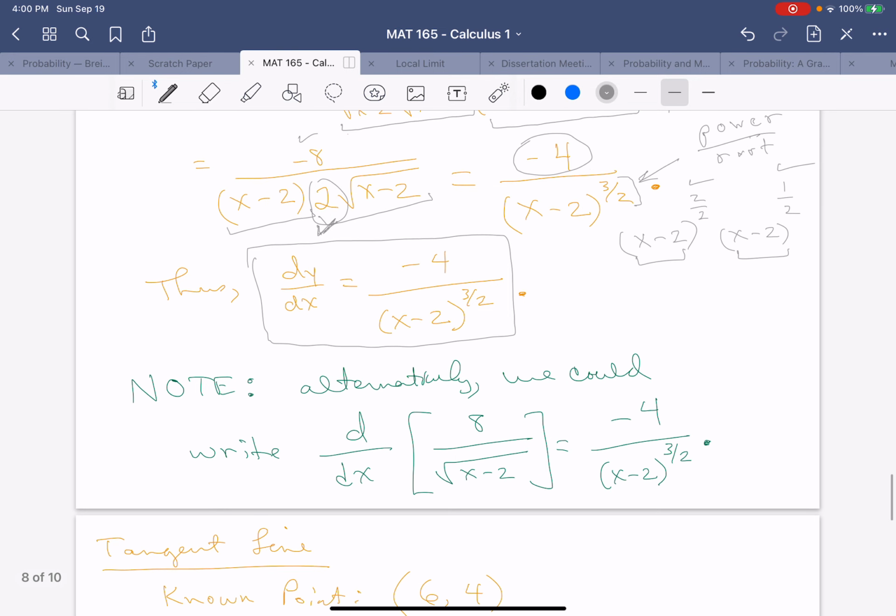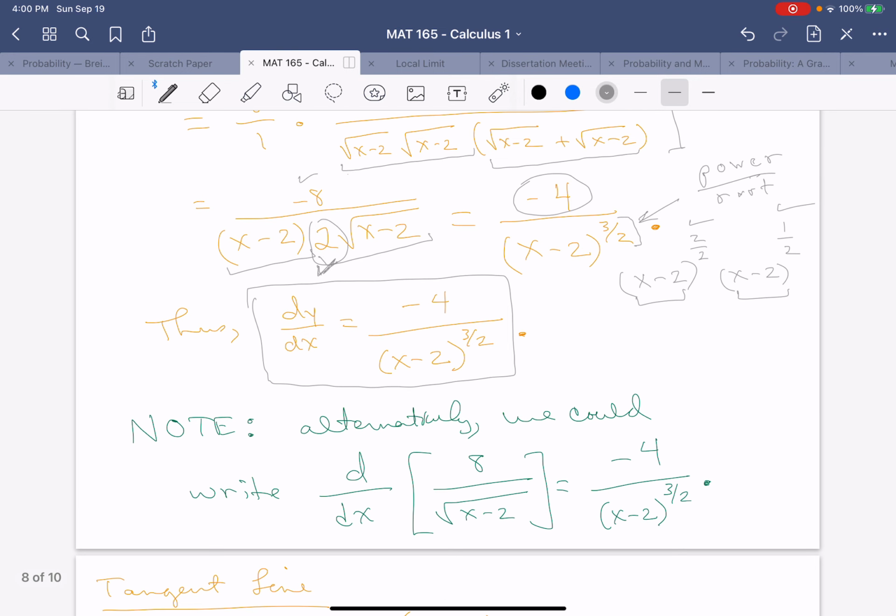And just as a note, exercising our new notation, we could have written the derivative with respect to x of our original y equals this, is equal to this. All right, so that takes care of the first part where we were trying to find the derivative.